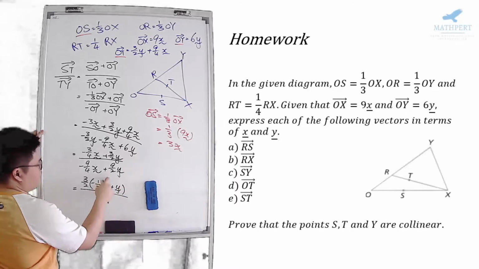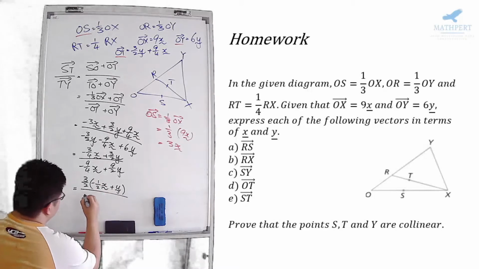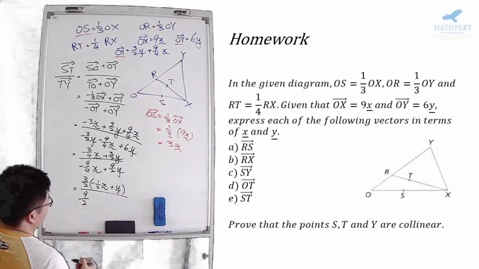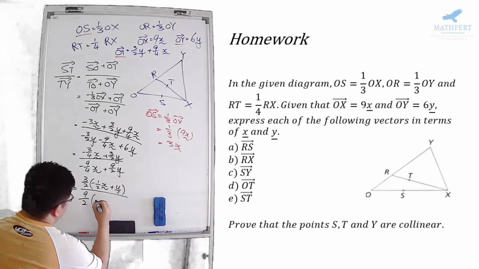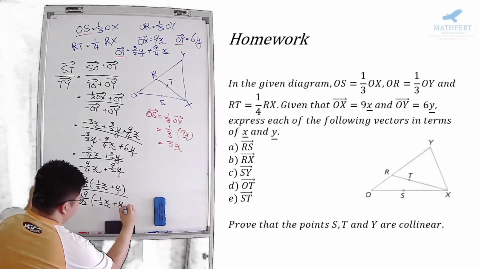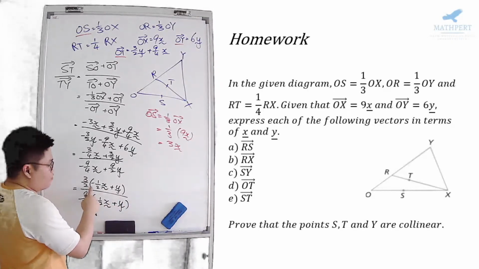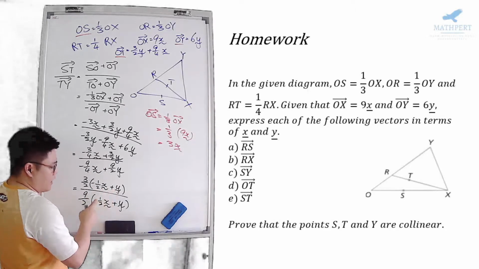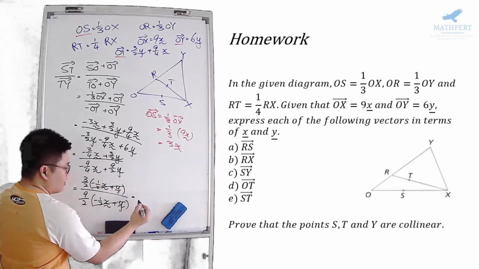So what can I take out from the denominator? The denominator is 9 over 2, I will get negative 1 over 2x plus y. So negative 1 over 2x plus y over negative 1 over 2x plus y, we can cancel this off.